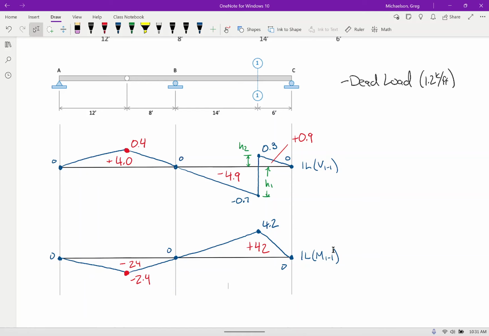I propose an easier way of doing this problem is to just say that the dead load shear equals what? The sum of those areas.